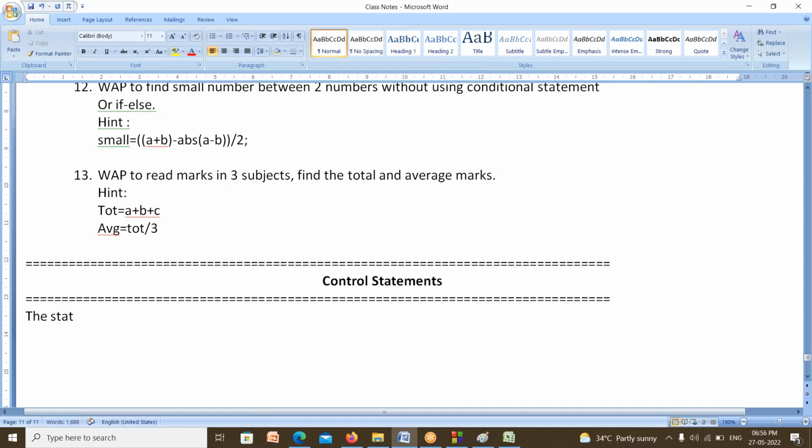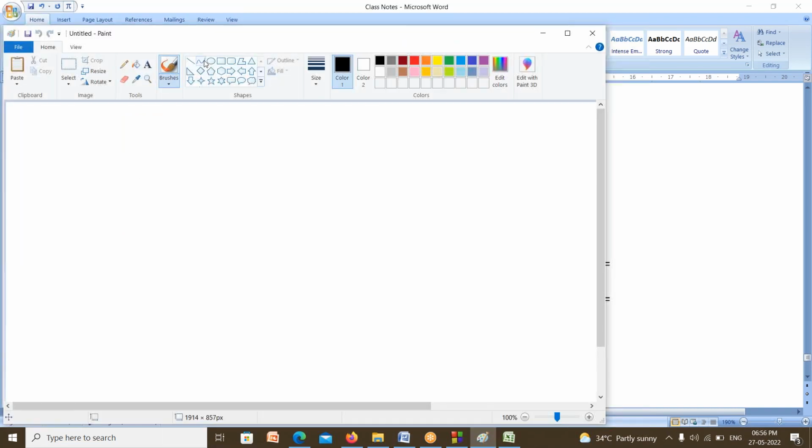Now the statements that are used to control the flow of execution of a program are called control statements. Now, how many types of control statements are there? I will write the names here.